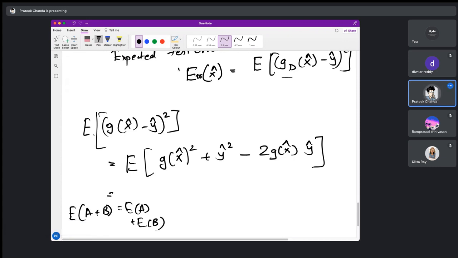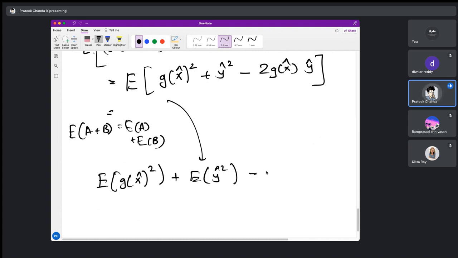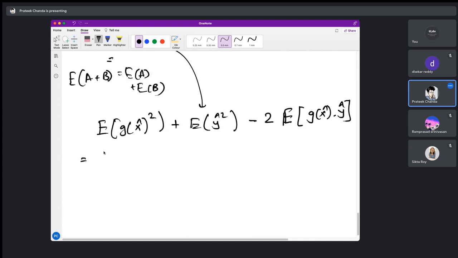So in that case I can rewrite this as follows: expectation of g of x hat whole square plus expectation of y hat whole square minus expectation of g of x hat into y hat.